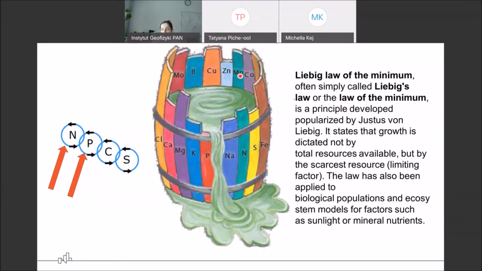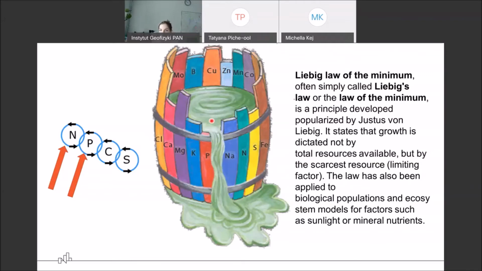And what we can see here is that the element that is most lacking, or there's the least of it, is the determining factor, which decides that the fluid will spill out, no matter how high the other elements are, no matter how much zincum or manganium we have.